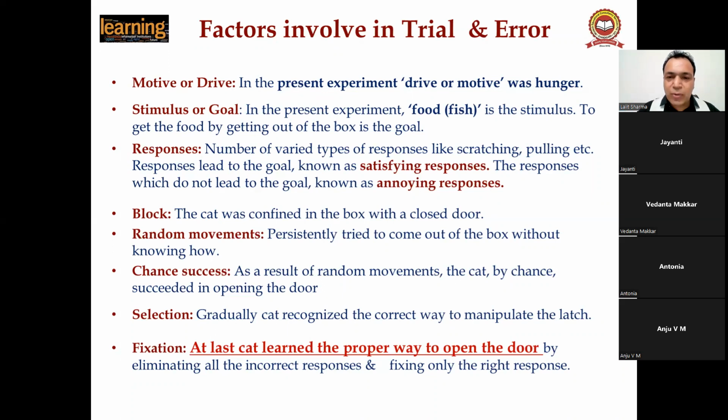Third is responses. A variety of responses like scratching, pulling, hitting the head. Responses that lead to the goal are known as satisfying responses. So guys, you have seen in my last lectures, one girl was making notes with my lectures, learning from the other book.